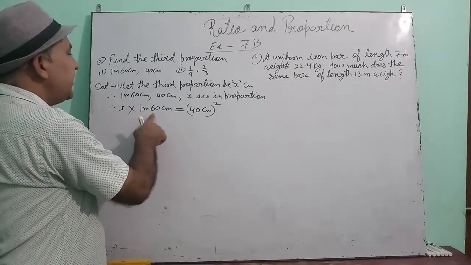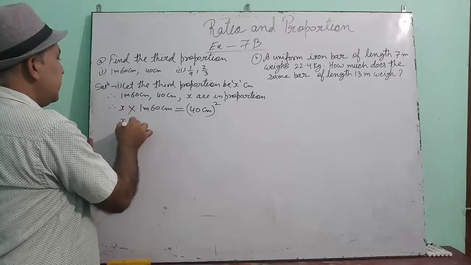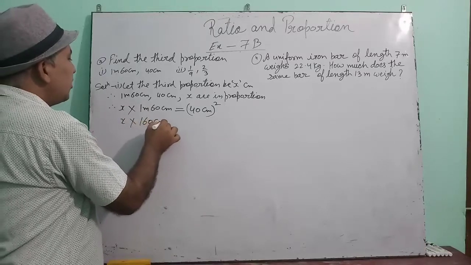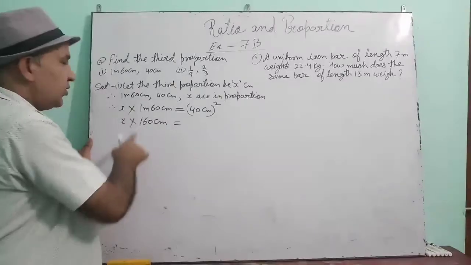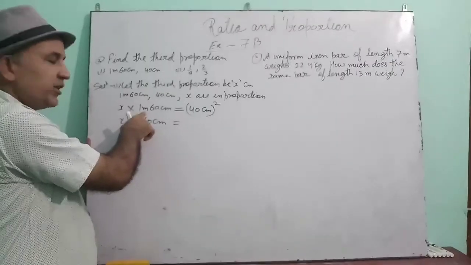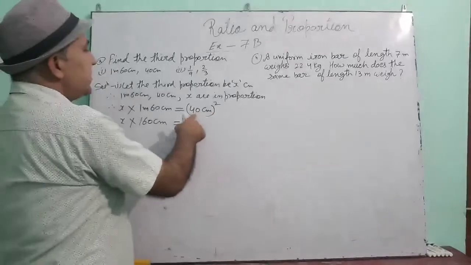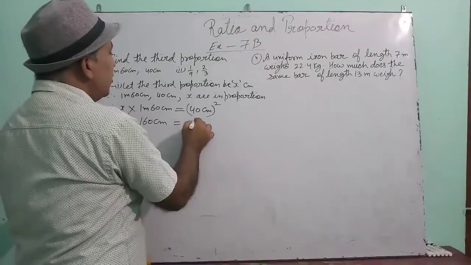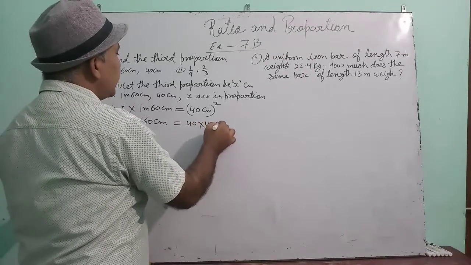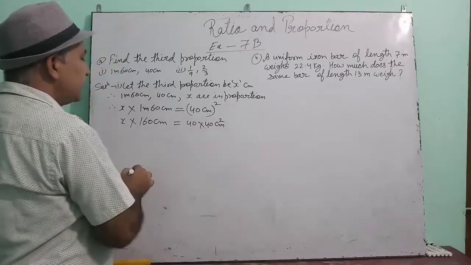See, this is 1 meter 60 centimeter, means 160 centimeter, because 1 meter is equal to 100 centimeter. Square of 40 is 40 into 40 centimeter square.